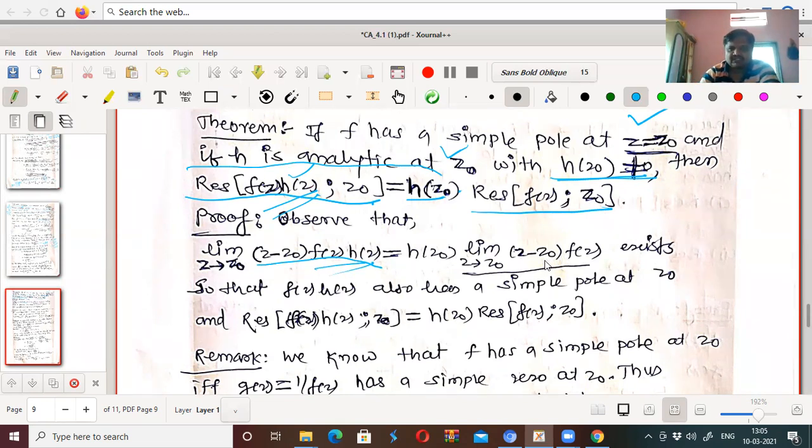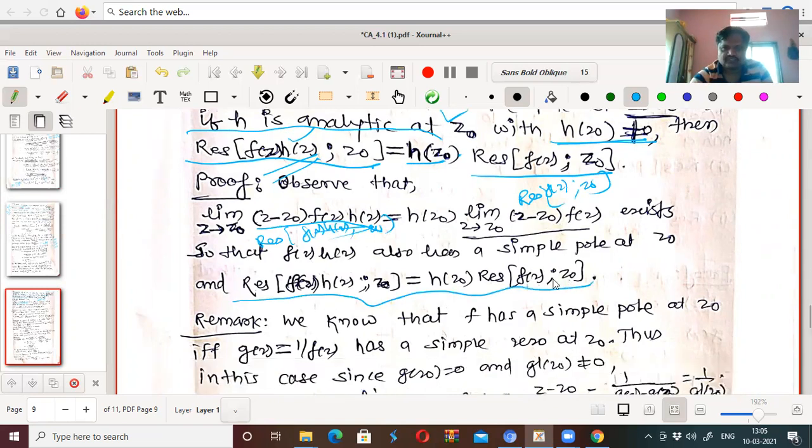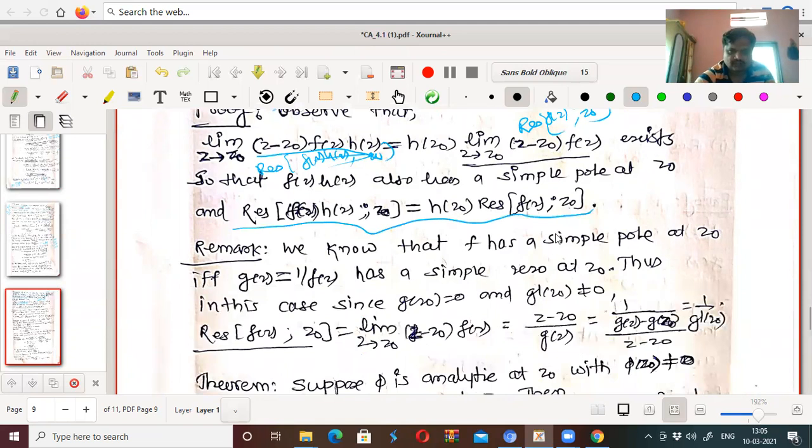Since z0 is a simple pole of f of z, the limit as z tends to z0 of (z minus z0) into f of z is nothing but the residue of f of z at z0. And this is the residue of f of z h of z at z0. So both are the same. Thus the residue of f of z h of z at z0 is equal to h of z0 into the residue of f of z at z0.